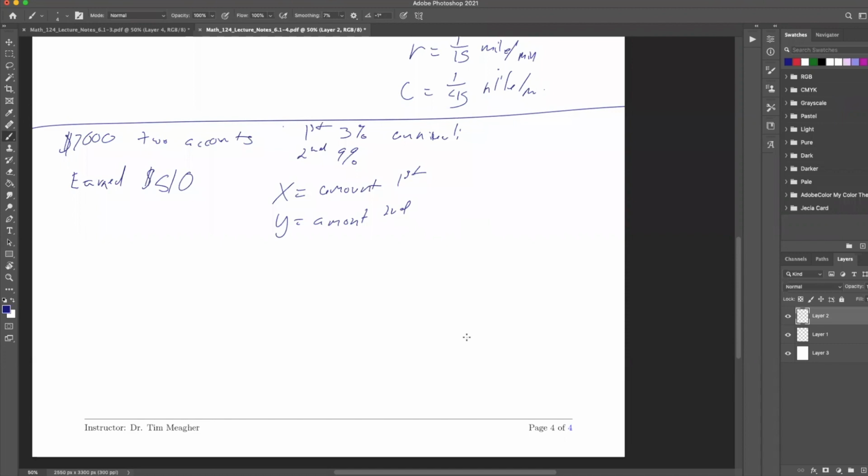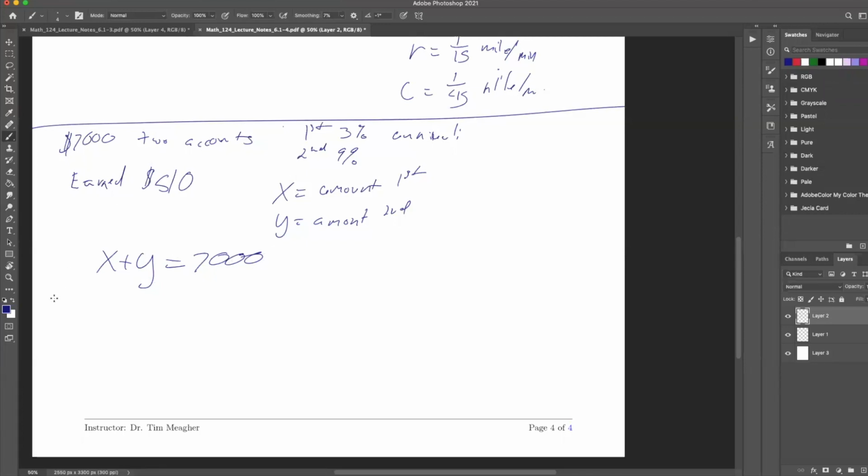So you have $7,000 you put into accounts. One's at 3, one's at 9, and you've earned $510 interest. So the way you figure this out is that if you add up both accounts, that's all your money. So X plus Y needs to be $7,000. That's one part.